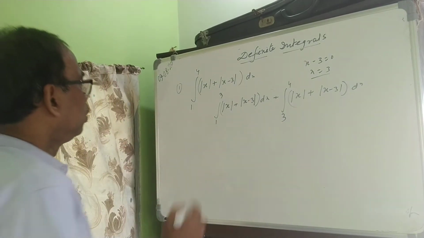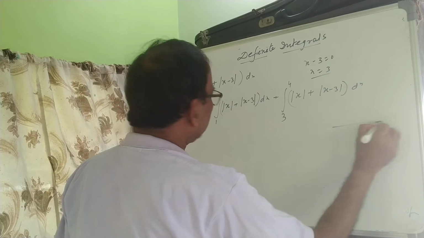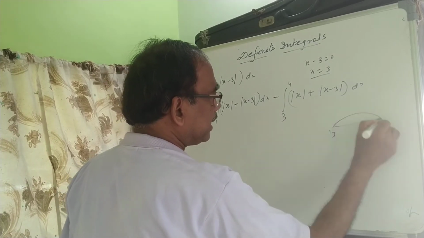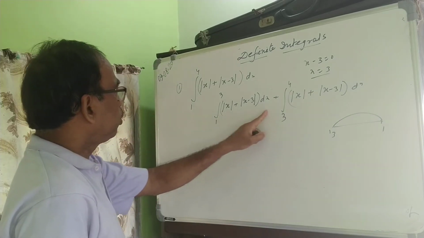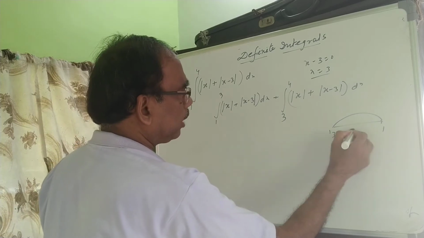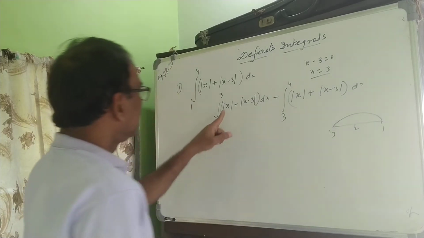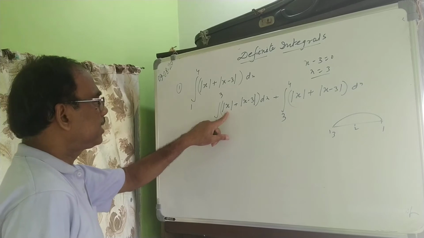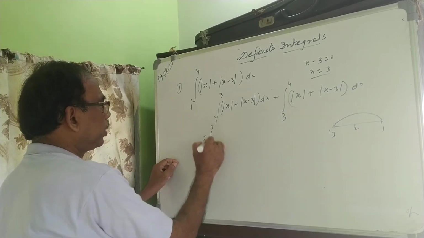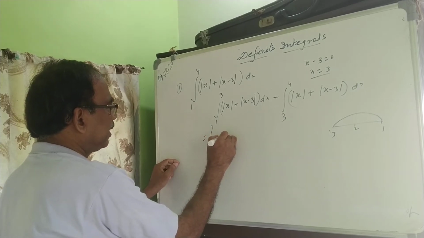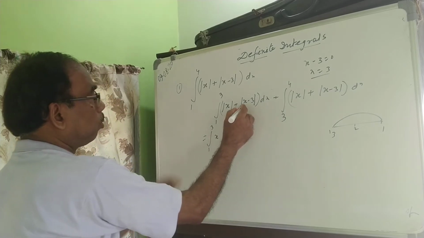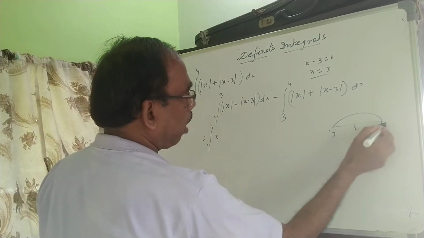Two intervals. In the interval 1 to 3, suppose there is 2. This function is positive, so we remove the modulus: x dx. We can write x and x minus 3 from 1 to 3.